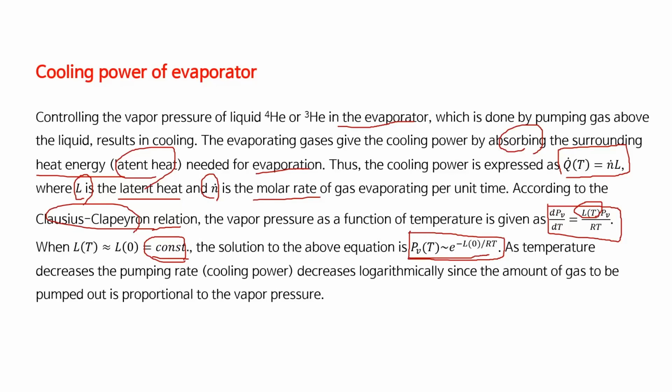As temperature decreases, the pumping rate, and hence the cooling power, decreases, since the amount of gas to be pumped out is proportional to the vapor pressure. So as temperature T decreases, the vapor pressure decreases exponentially, so the gas to be pumped out is very small, and the pumping rate decreases very fast.